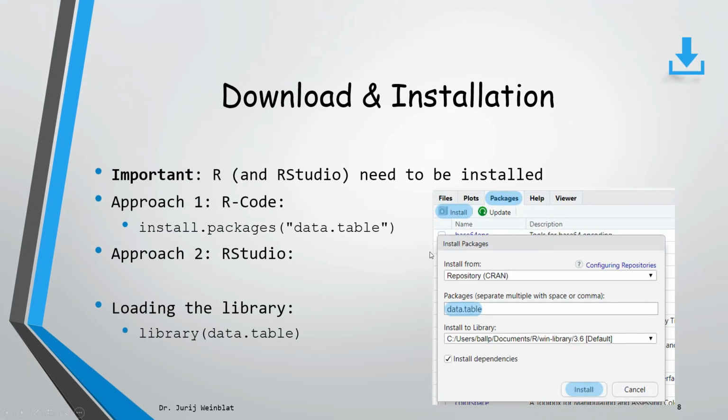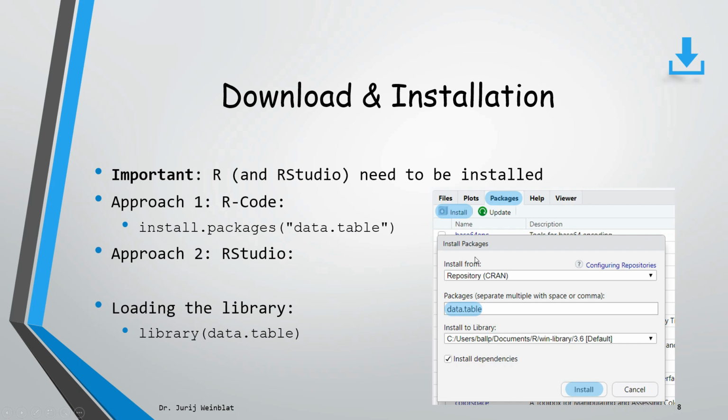How do you install the data table package? Once again, I expect you to have R and RStudio already installed on your machine. And in order to install the data table package, you have two approaches. One approach is to use the source code down here, just enter it and execute this line, and it will be downloaded.